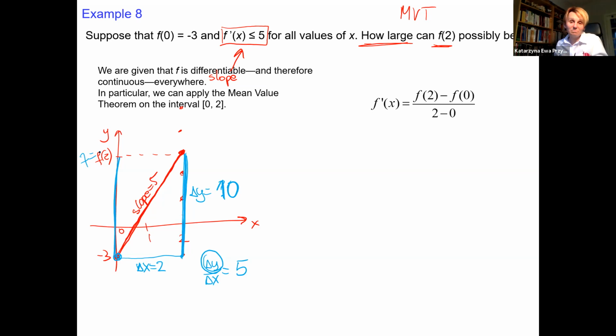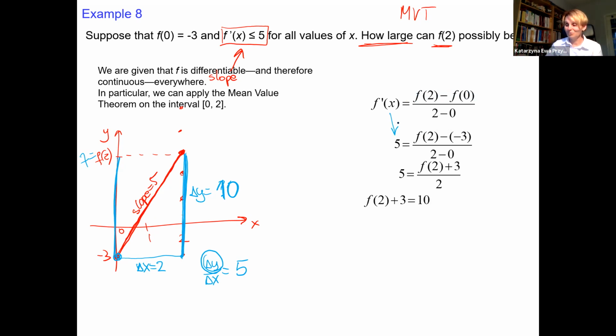And let's see. I, of course, have the proper way, but if we understand this picture, that's what I need. F of 2 minus f of 0, because we're dealing with the points 2 and 0. And then f of 2 minus f of 0 is f of 2 minus -3. And of course, I substituted 5 as the maximum value of that slope. Then I will get the largest possible value of f of 2.